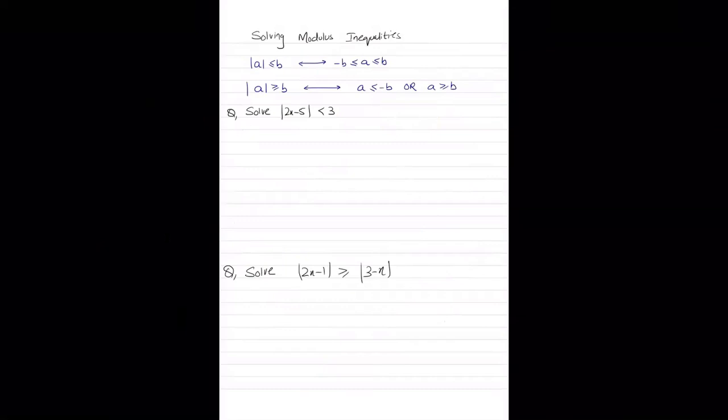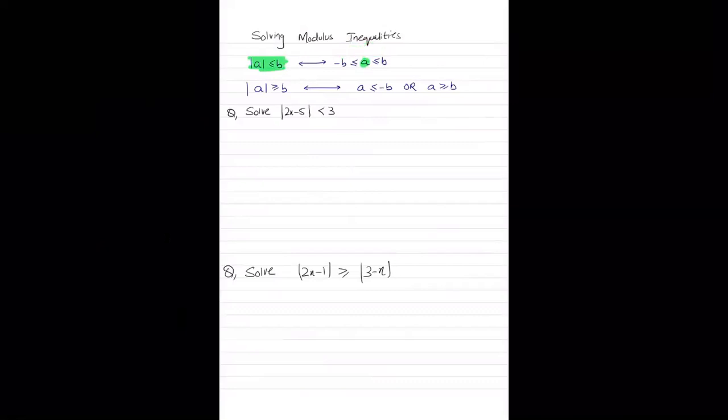Whenever you are given a modulus inequality in this form, that is mod of a less than equal to b, the first step that you are going to write is that the value of a is going to range between negative b and positive b.